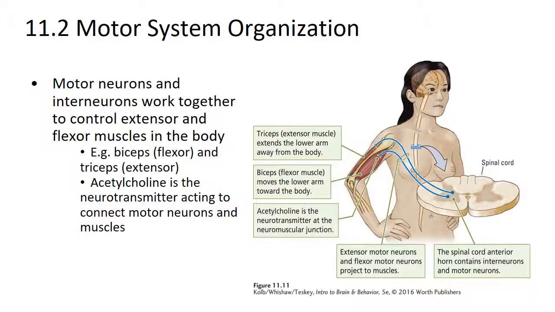When you flex your arm, you show your biceps. When you extend your arm, that's using your triceps. And acetylcholine is the neurotransmitter that connects motor neurons to muscles. Motor neurons cause the release of acetylcholine into the muscles.